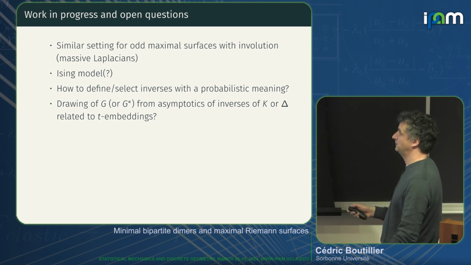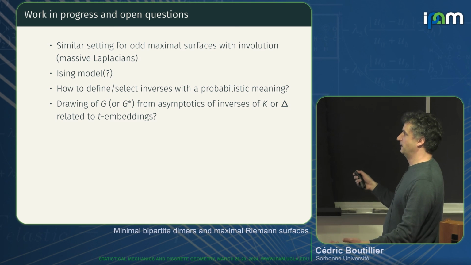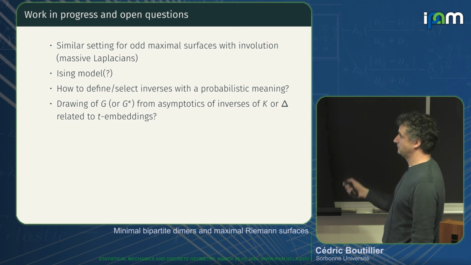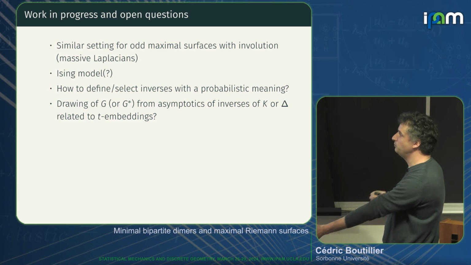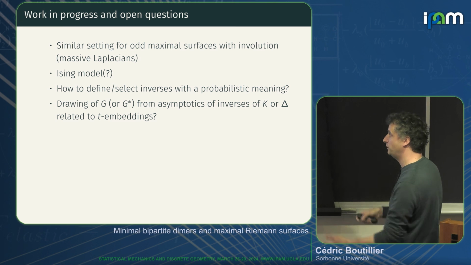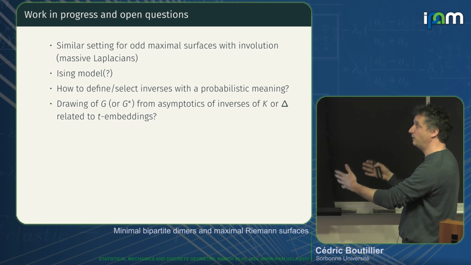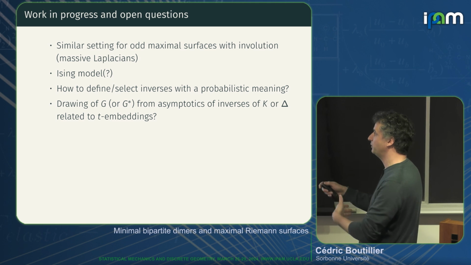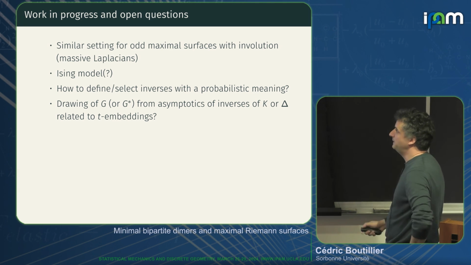So one open question is: if, for example, you add to the Green function I showed you before any other harmonic function, you get something which is still a formal inverse of the Laplace operator, but can you make a probabilistic meaning for it or not?